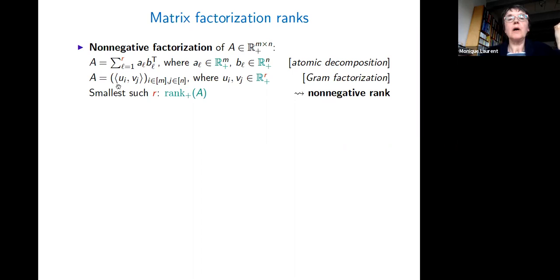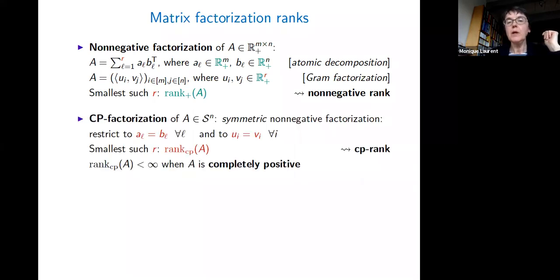Equivalently, you may try to write A as a Gram matrix where the factors U and V are non-negative vectors in a space of dimension R. And then the smallest R, which is either the number of terms here or the dimension of the space here, is the non-negative rank of the matrix. You could look at symmetric factorization when you ask that a equal b, or U equal V here.